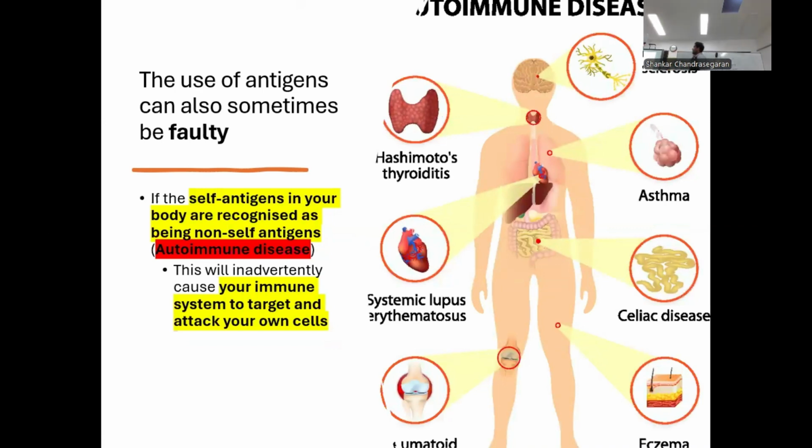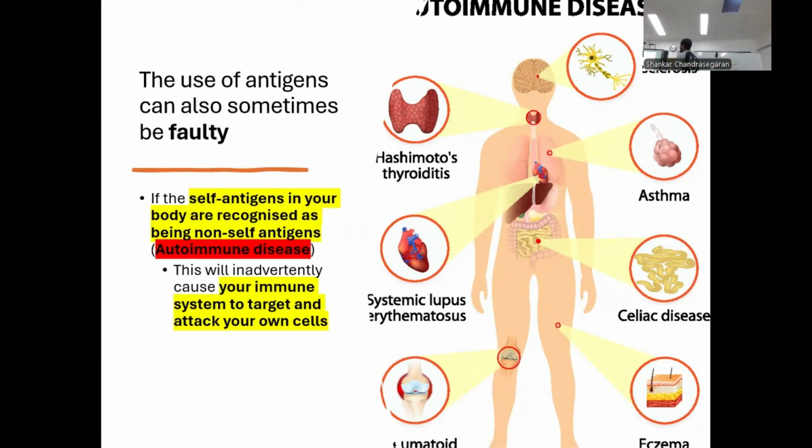The use of antigens can also sometimes be faulty, right? It's not a perfect system that is always going to work. Sometimes it itself can be faulty, and that can come in the expression of something known as an autoimmune disease. So you guys might have heard of the phrase autoimmune, or it might have been mentioned to one or two of your friends.